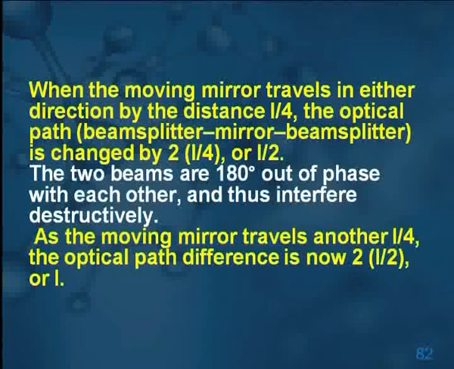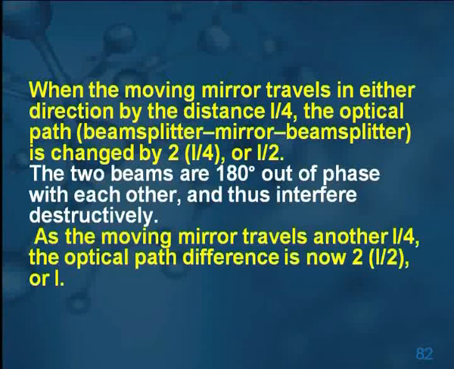At this particular point, the two mirrors produce waves with a constant phase difference. So the position of the moving mirror is called the point of zero path difference, that is ZPD. When the moving mirror travels in either direction by a distance of 1/4 wavelength, the optical path changes by 1/2 wavelength.